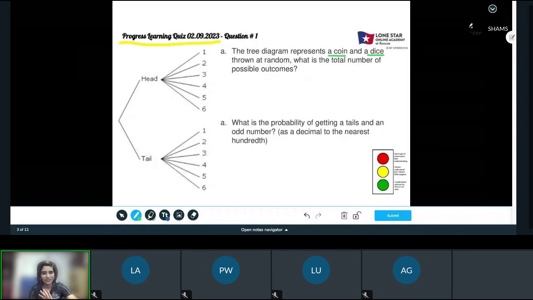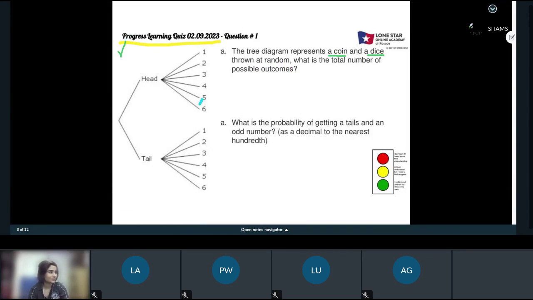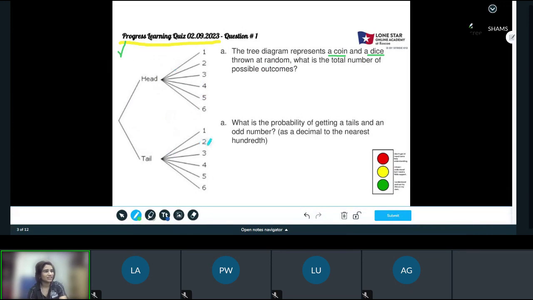I'm going to give you guys a couple of minutes to study this tree diagram and see if it makes sense to you or not. If it does make sense, raise your hand and share with the class how you would read this particular tree diagram. Okay, everybody go ahead and see if you can make sense out of this tree diagram.